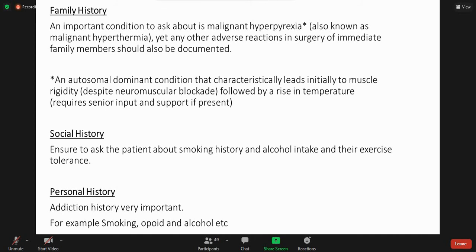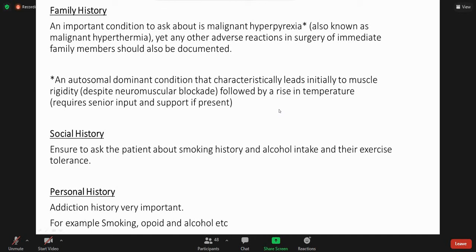Family history is important. Someone was telling about malignant hypothermia. I saw in the comments. What do you know about malignant hypothermia? What is the pathology behind it? Anyone?